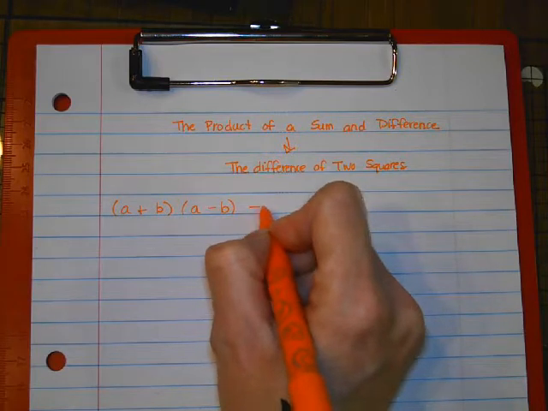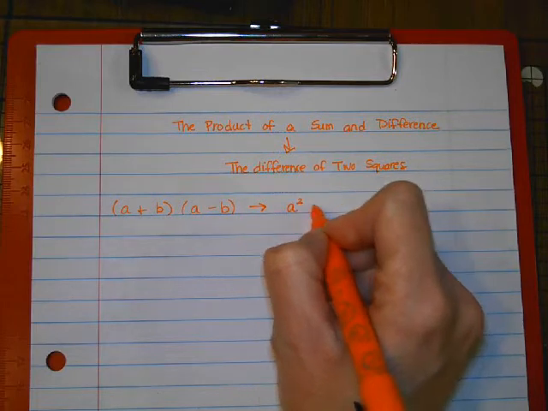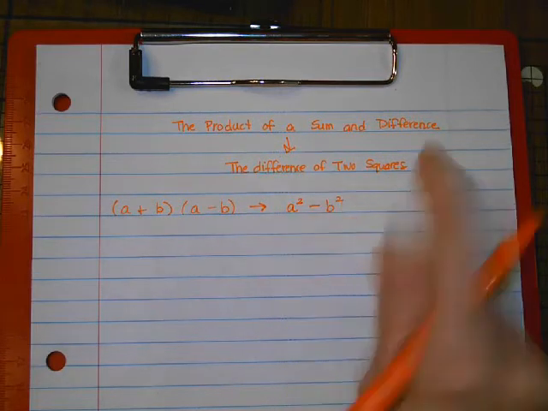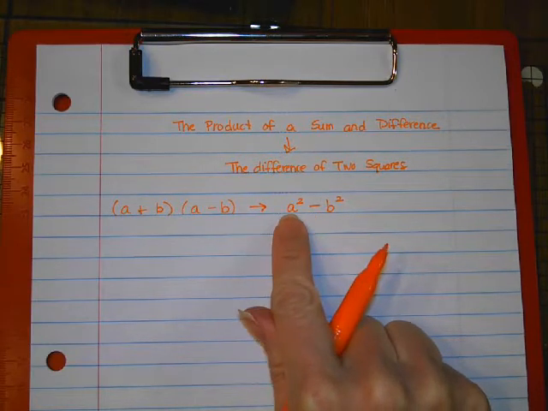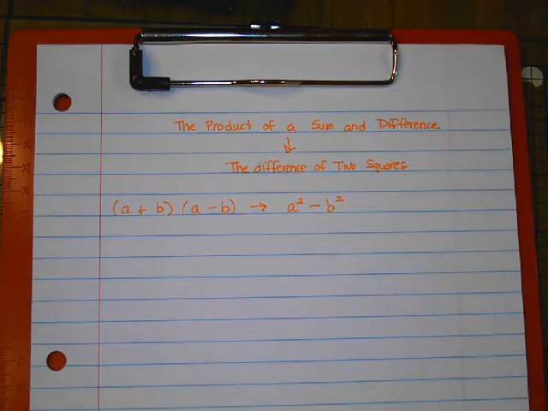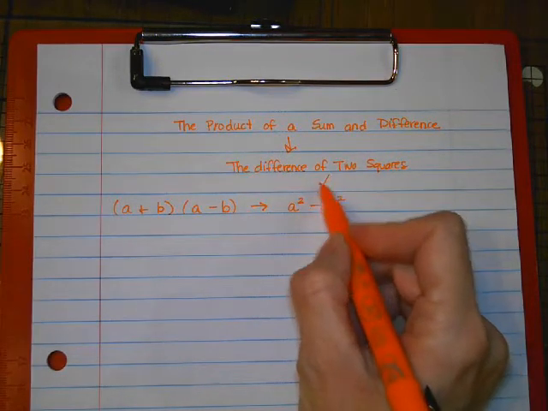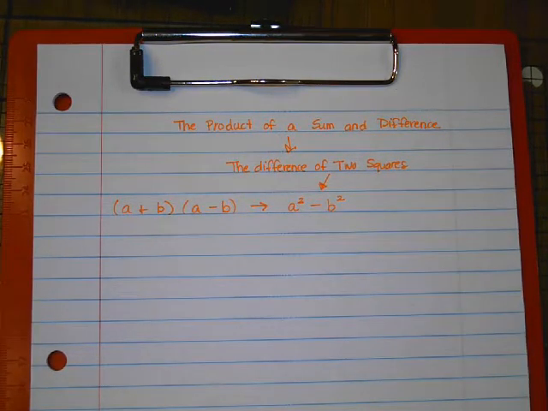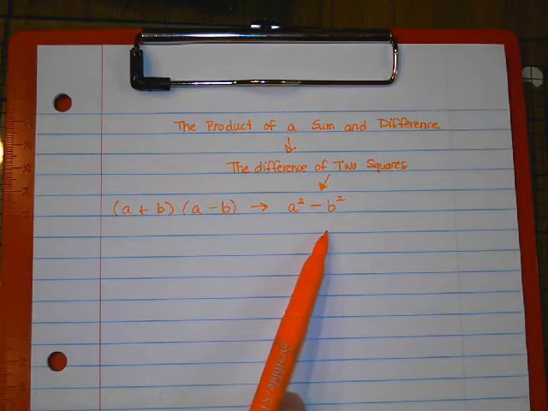When you do this, it produces A squared minus B squared, which is the difference of two squares: a subtraction sign, one square, two squares. So you start out like this, and then you produce this.